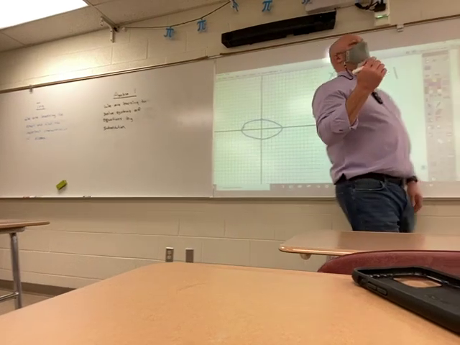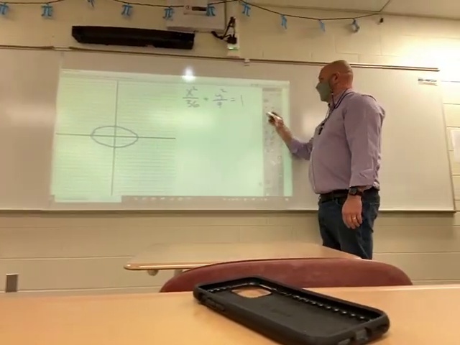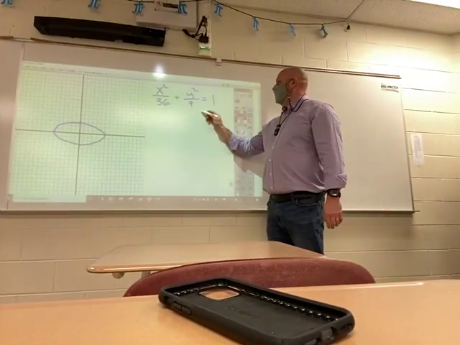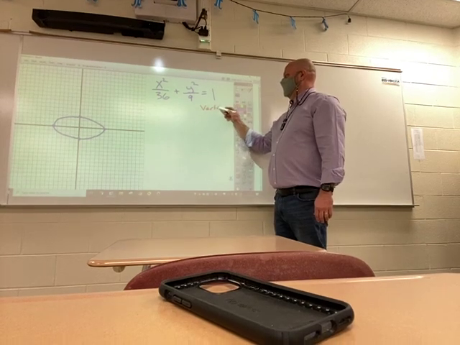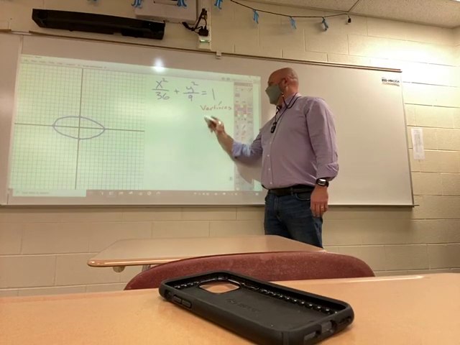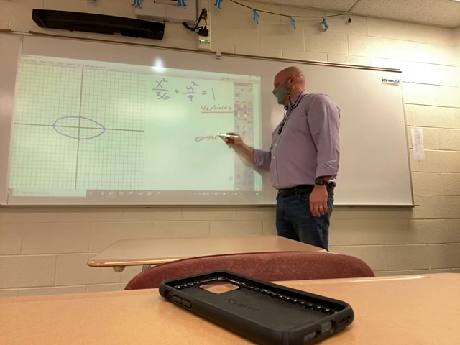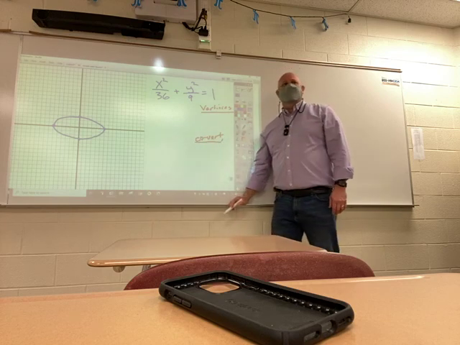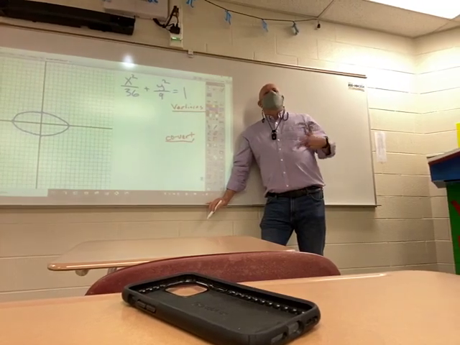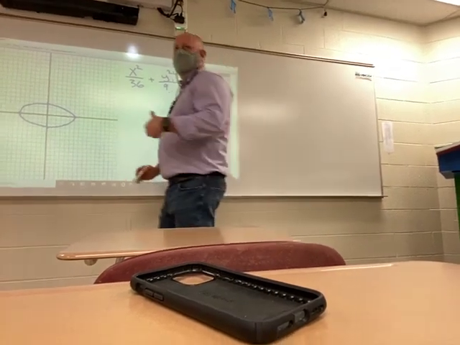Two of the things we have to label are our vertices and our co-vertices. I like calling them coverts. Where are you going to find your vertices?